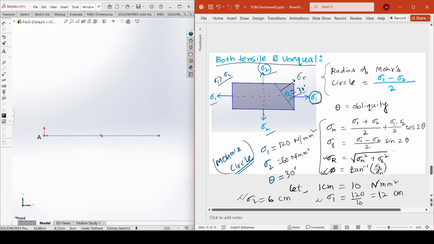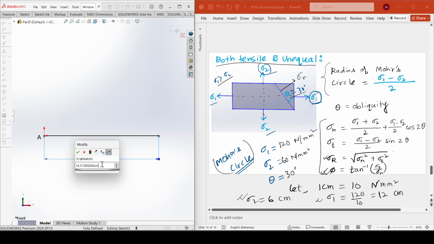You will take a point, A, in your notebook, exam paper, or practice book. From this point A, I will draw a 12 centimeter line. I can draw a 12 centimeter line very easily in my software. So this is your 12 centimeter line.